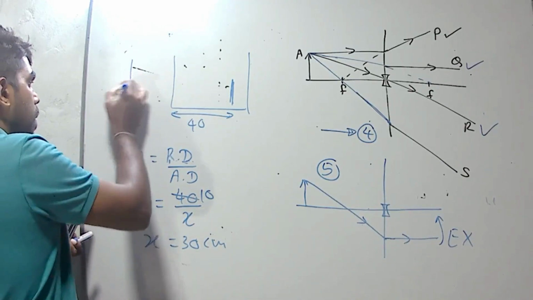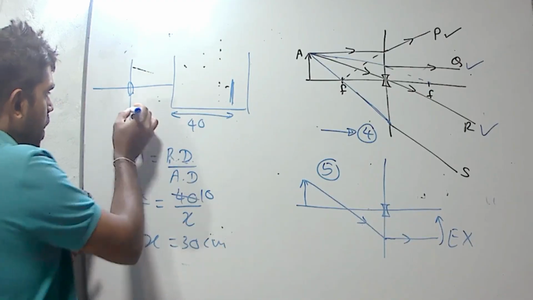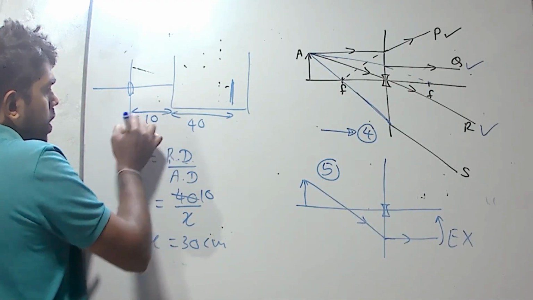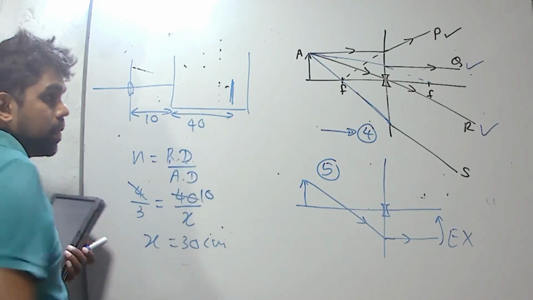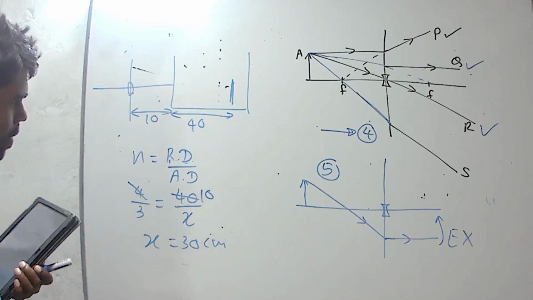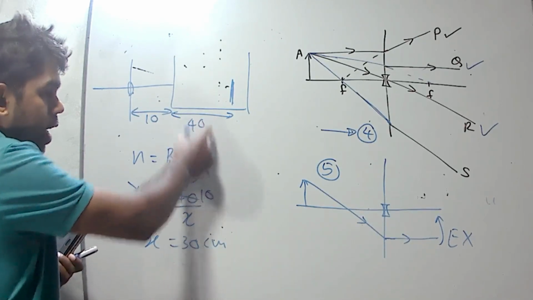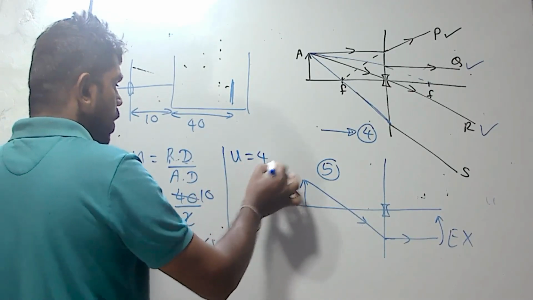Therefore, object distance corresponding to this length should be this 10 length plus apparent depth. It means 10 plus 30 is 40. We have to consider apparent depth, not real depth. Then u value is 40.